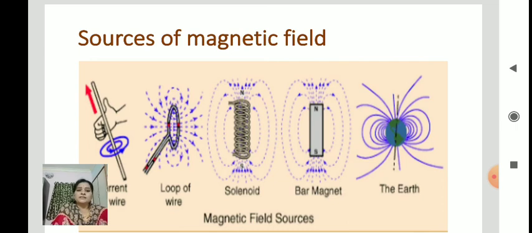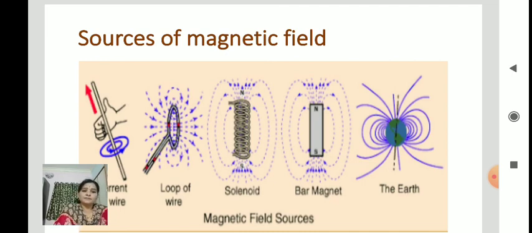This was first observed by Oersted, in a simple experiment which we discuss in the next video lecture. And the sources of magnetic fields also include a loop of wire. This we shall discuss in the next lectures.